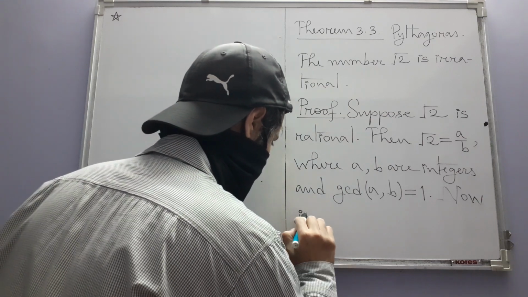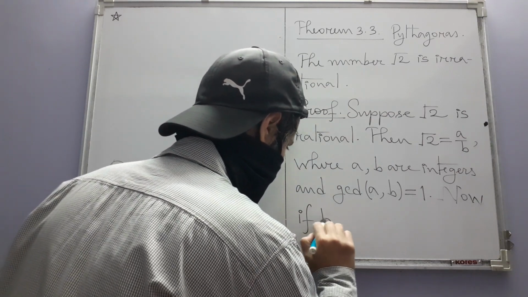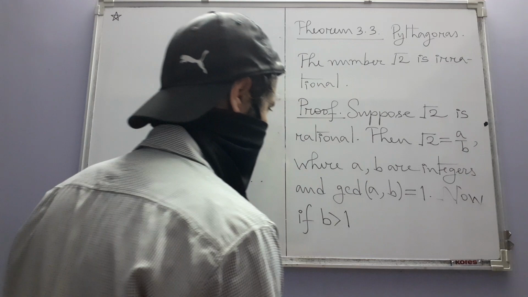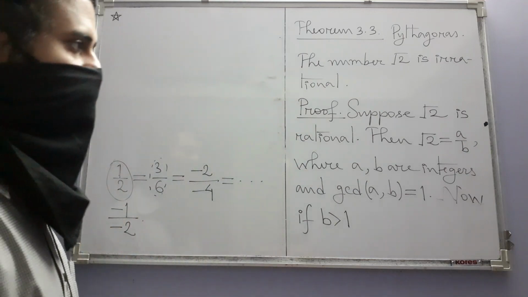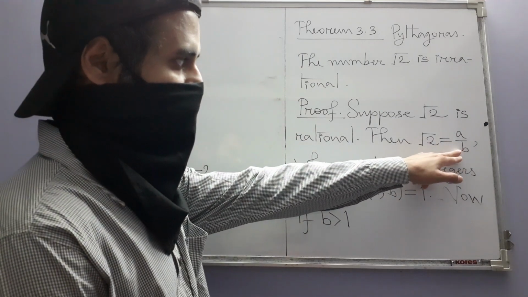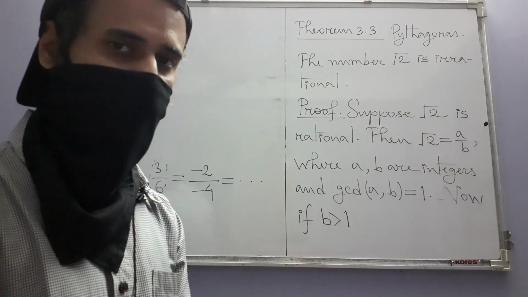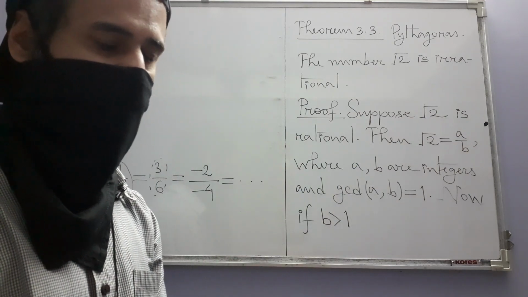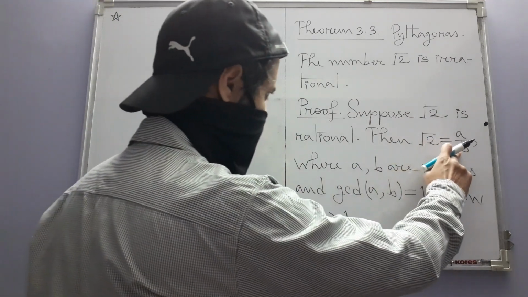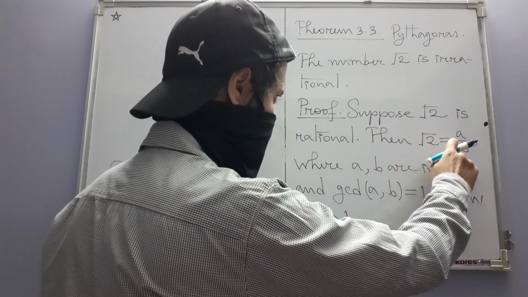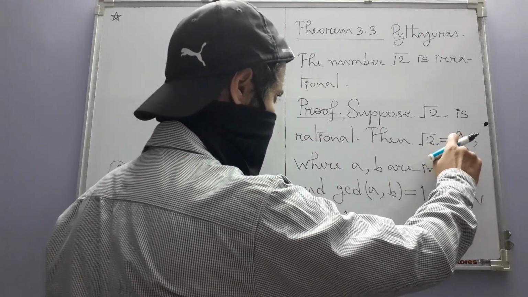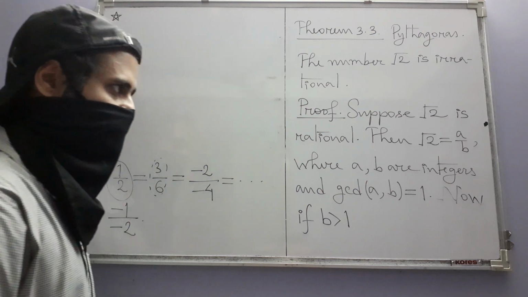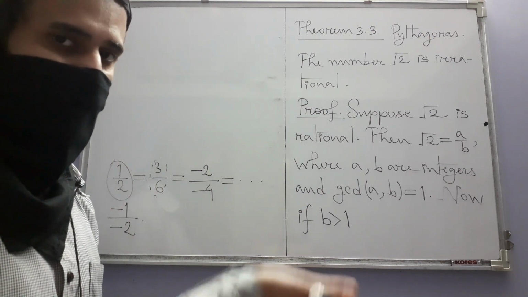Now, there is one more thing, we can choose b to be positive. Why? Because if b originally is negative, you can just simply put the burden of negativity on a.